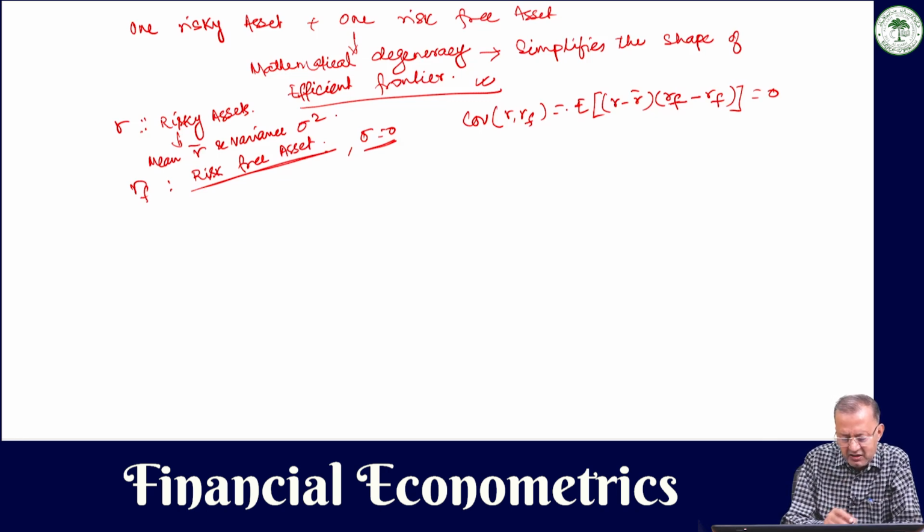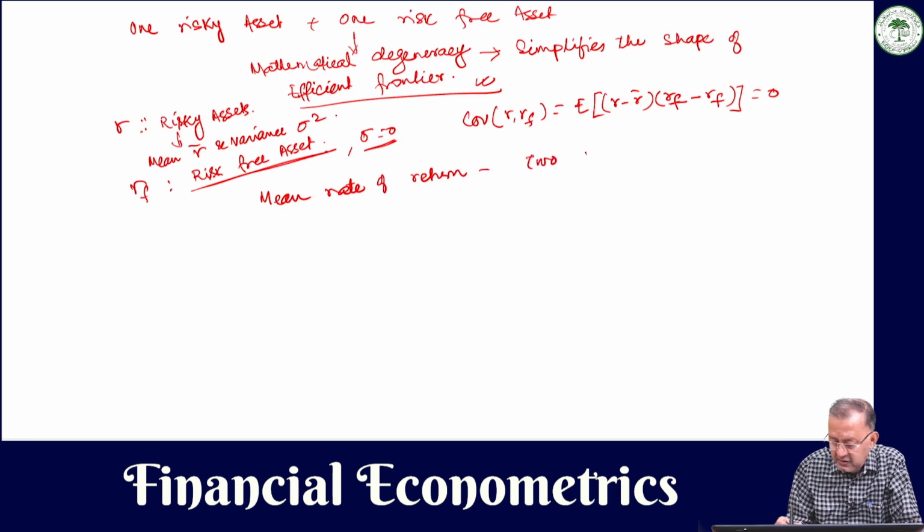Now the mean rate of return between these two assets. Suppose the two assets are being purchased with weight alpha and 1 minus alpha, where alpha is the weight for the risk-free asset and 1 minus alpha is the weight for the risky asset.